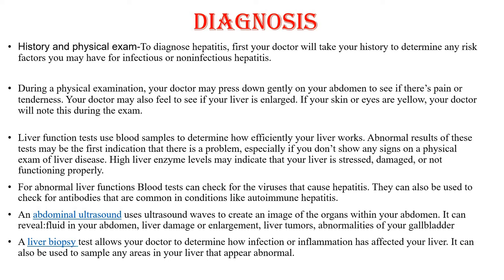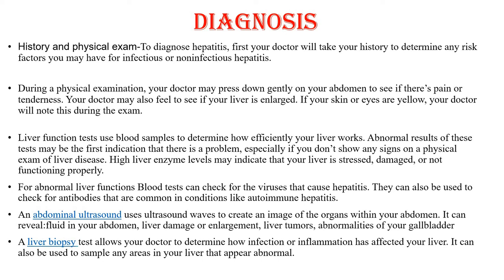During the physical examination, your doctor may press gently on your abdomen to see if there is pain or tenderness. Your doctor may also feel to see if your liver is enlarged. If your skin and eyes are yellow, your doctor will note this during the physical examination.